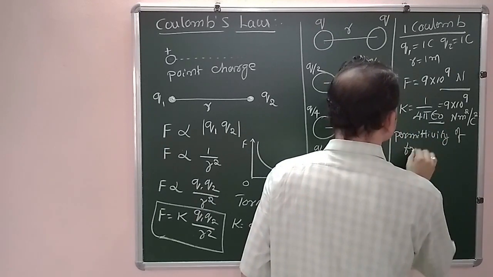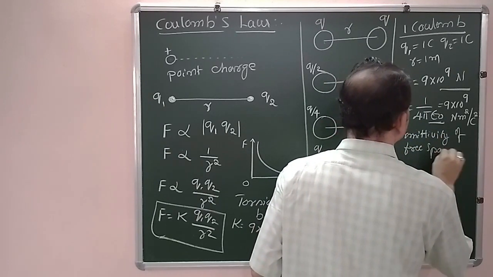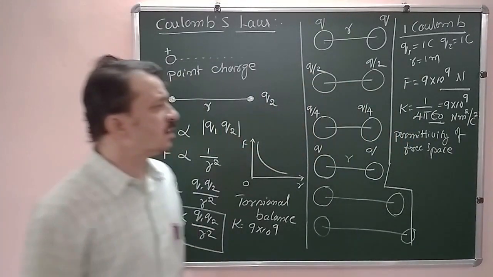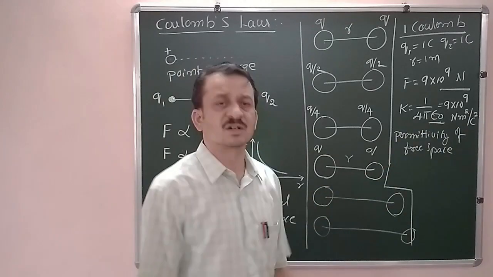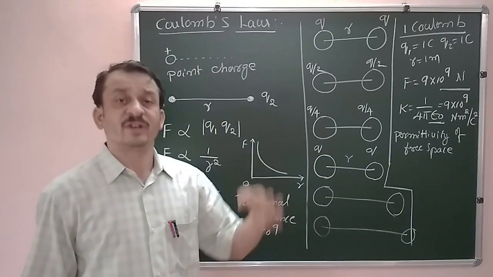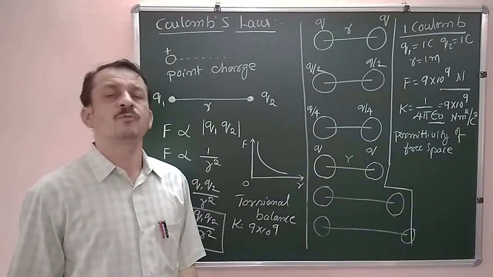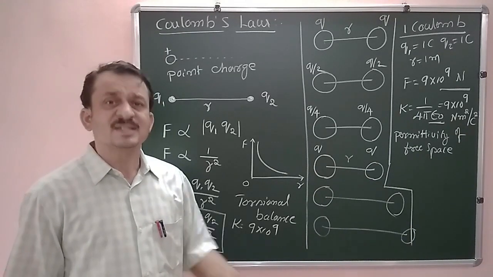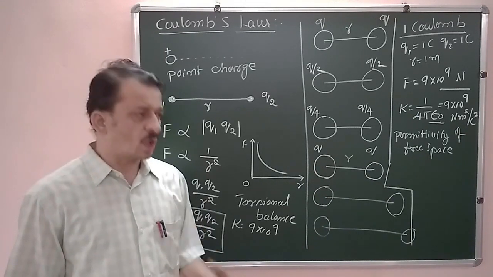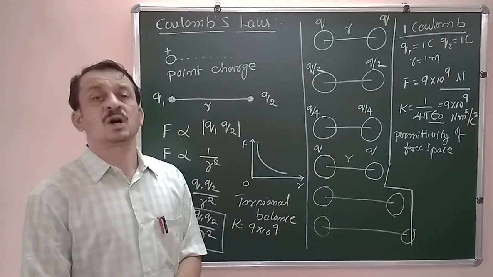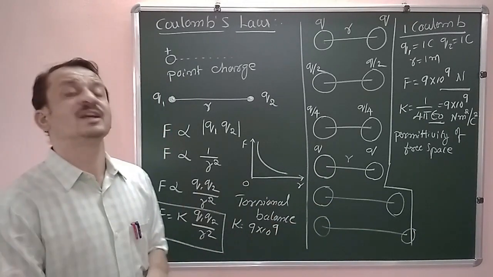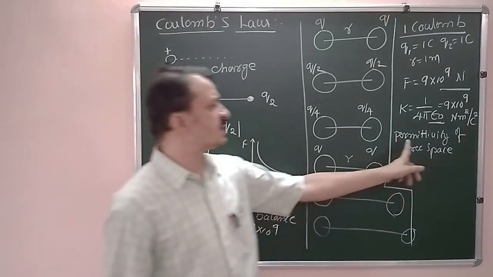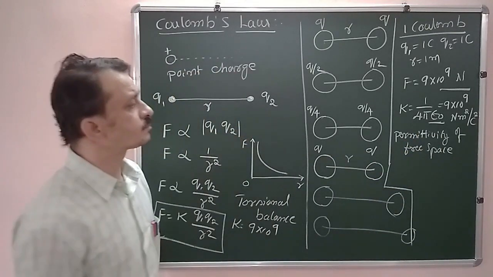of free space, that is, air or vacuum. The notation epsilon naught is called the permittivity of free space. What is the meaning of permittivity? It is the ability of the medium to allow electric field to pass, the ability of the medium to allow electric field lines to pass through it, and that is called permittivity.